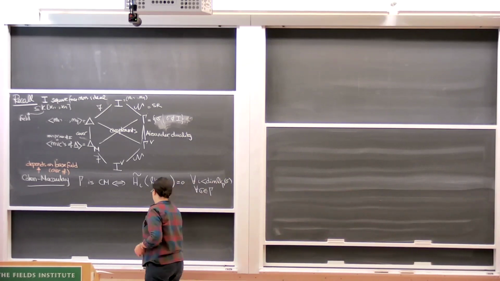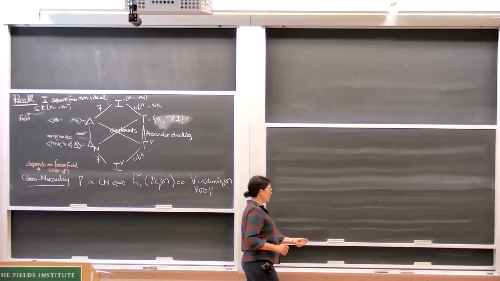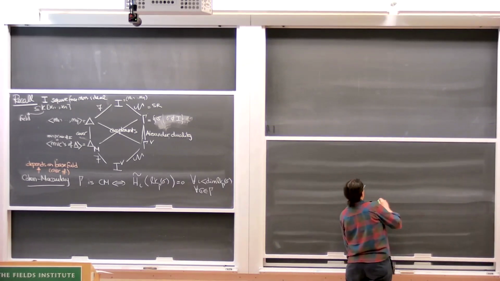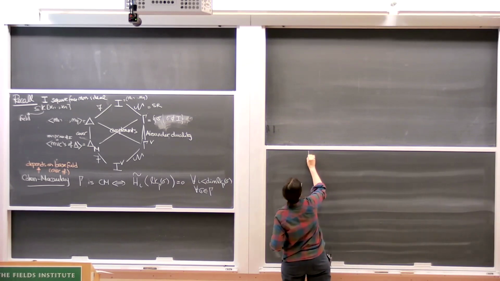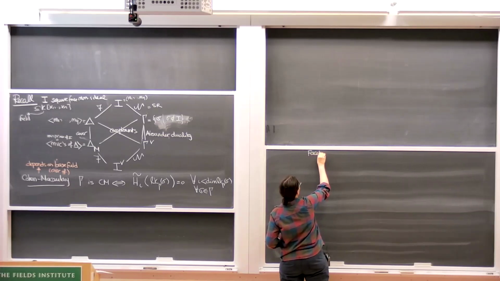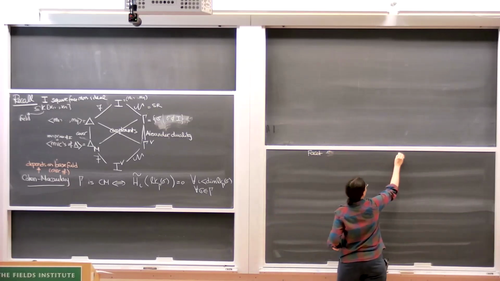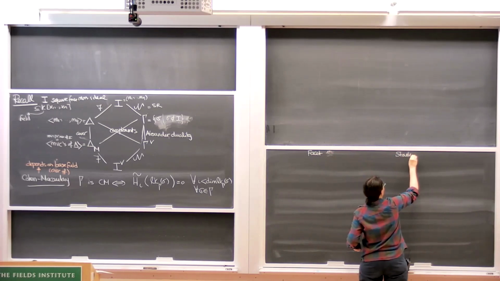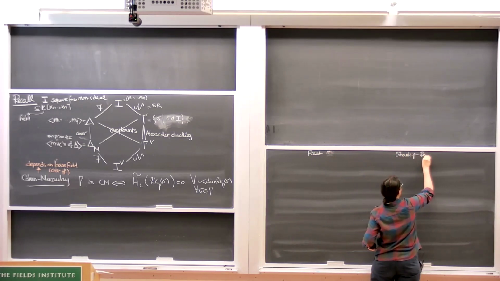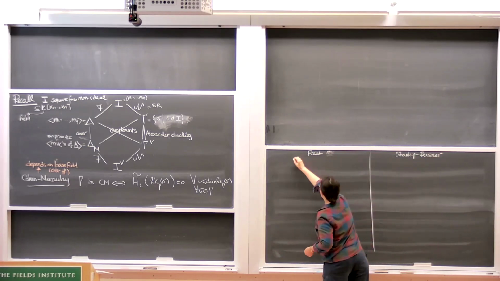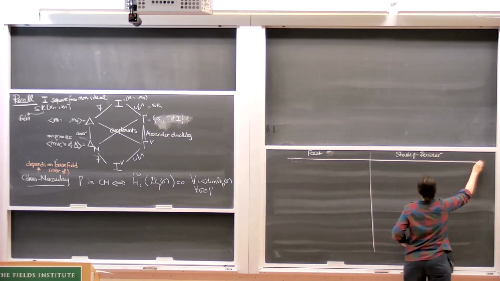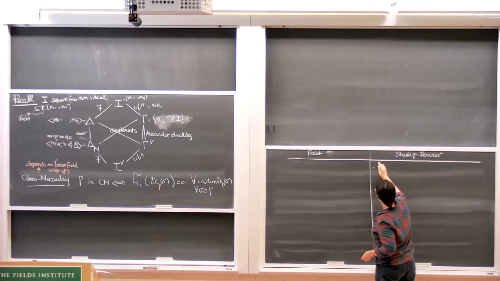So maybe I'll do a facet side and a Stanley-Reisner side here. An N side and an F side. So homology spheres are Cohen-Macaulay. Gamma is a homology sphere.